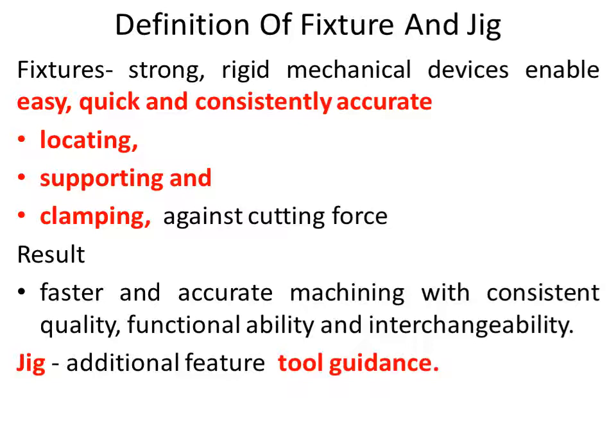And the result is faster and accurate machining with consistent quality, functional ability and interchangeability. We will see all these parameters in the coming slides. And a jig is nothing but a fixture, but it has got the additional facility for tool guidance.